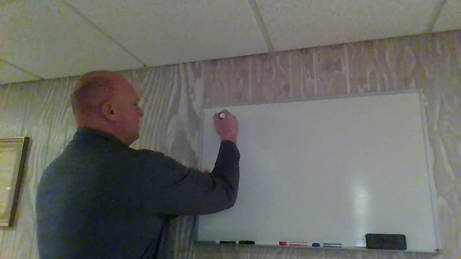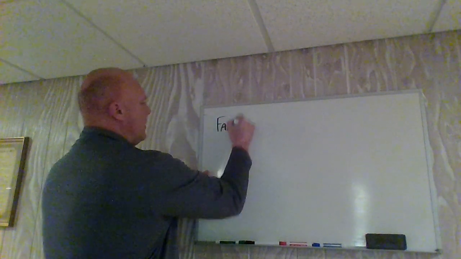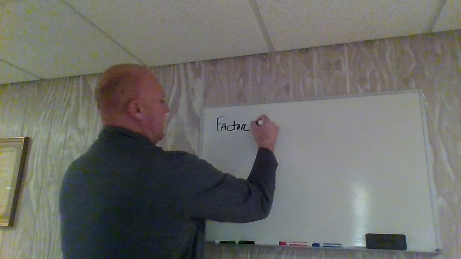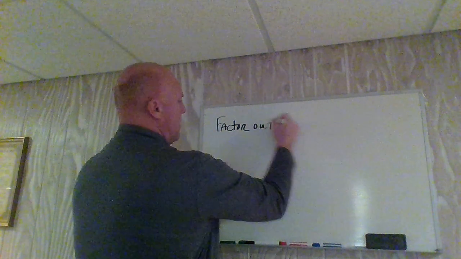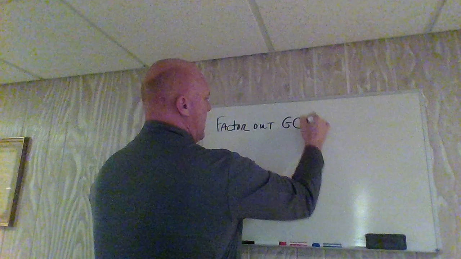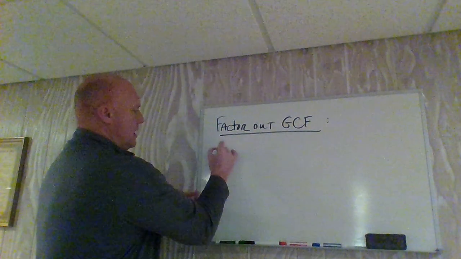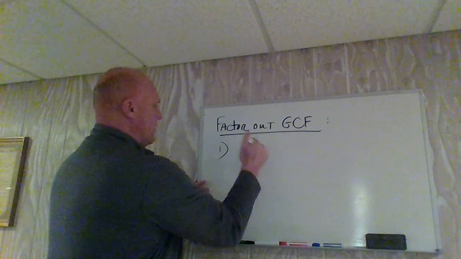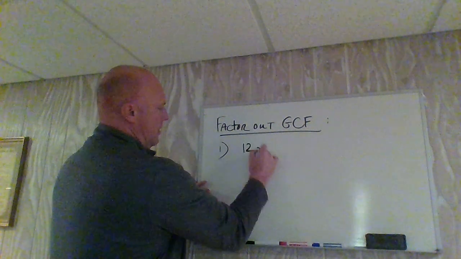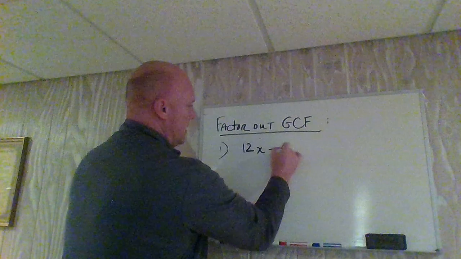Let's factor out the GCF, and let's use example number one: 12x minus 6.